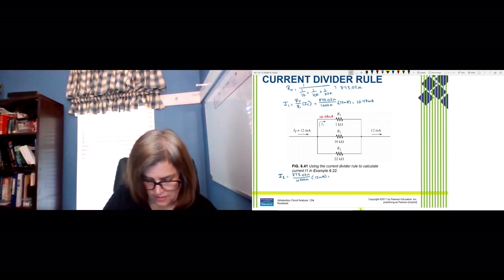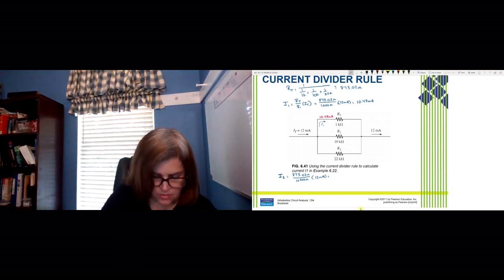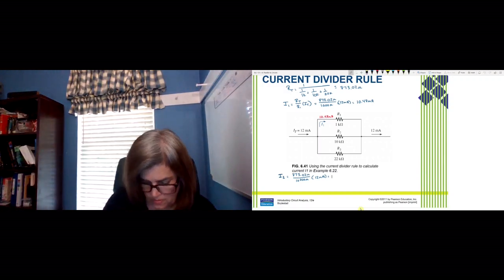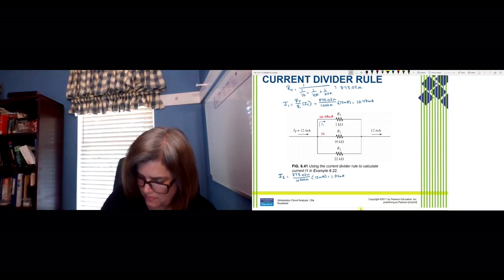Which should be just a tenth of this, or 1.05 milliamps. So it's about a tenth of the current that we saw in branch 1.